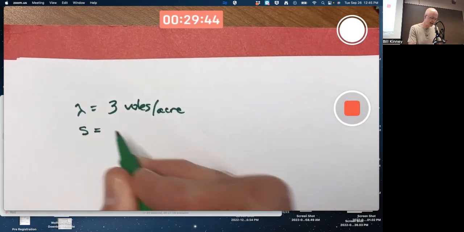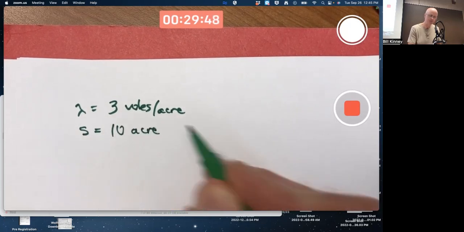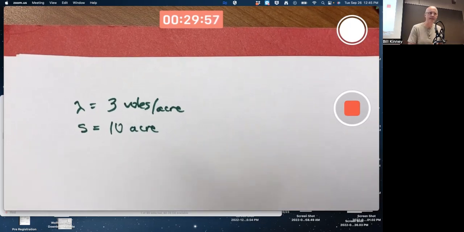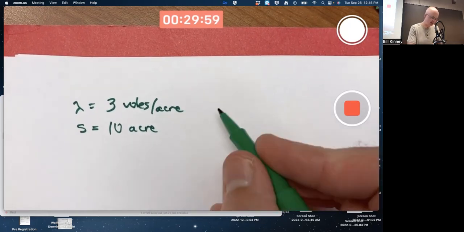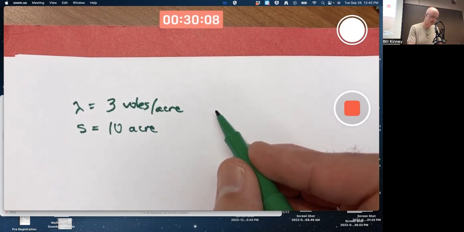But you are interested in a 10-acre plot of land. 10 acres is not much for a farm, right? Farms are usually hundreds or thousands of acres. But you're thinking about a 10-acre plot, and you're wondering what's the probability that there are going to be maybe 20 or fewer voles on the land there.